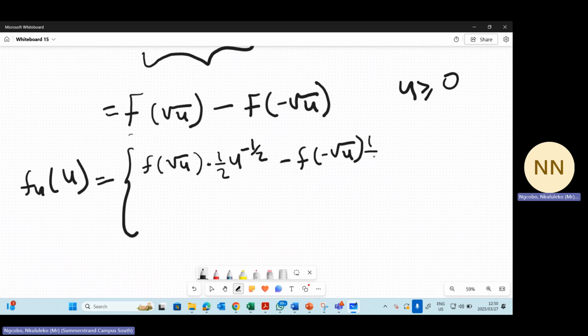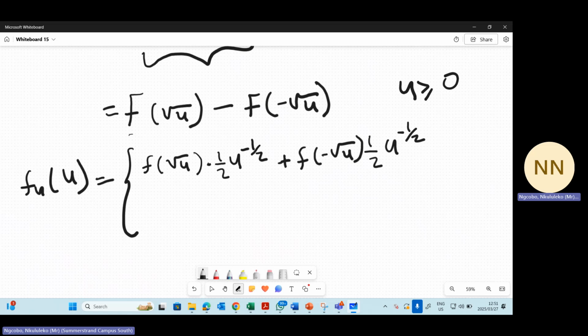So this is half u minus half multiplied by the inner integration of the square root of u, which is the minus part. Then this becomes a plus, right?